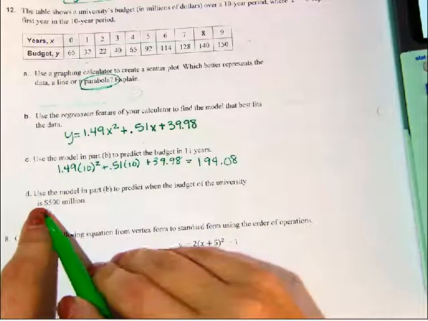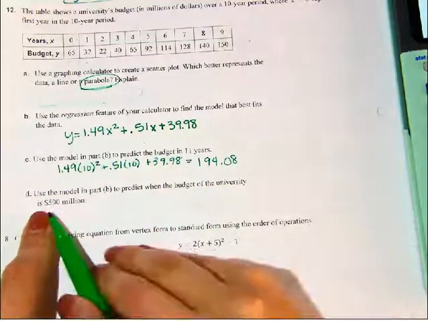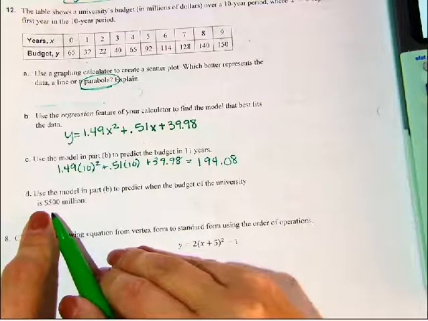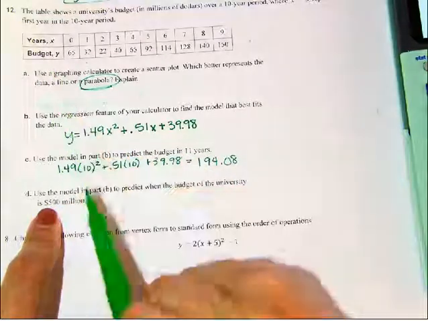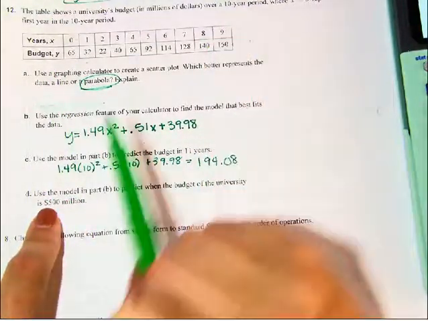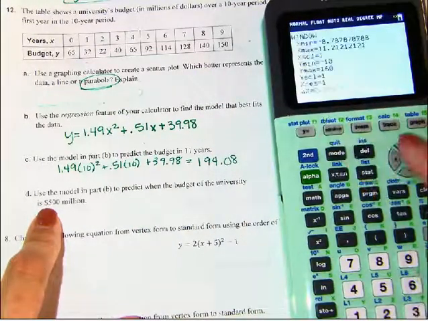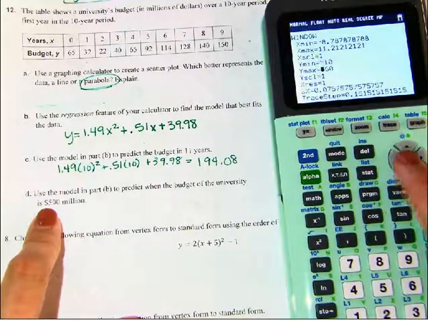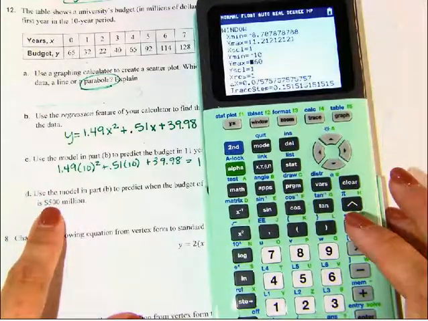But use the model, this equation in part B, to predict when the budget is 500 million. So again, if you can change your window to where your y values can actually get all the way to 500 and trace it, you can see. Let me see if I can do that real quick. So I'm going to change my window. I want to get all the way to where that's up to 500 million, which is just 500.